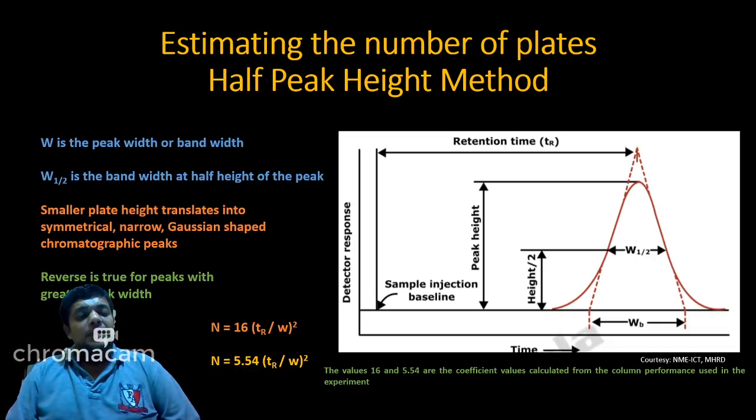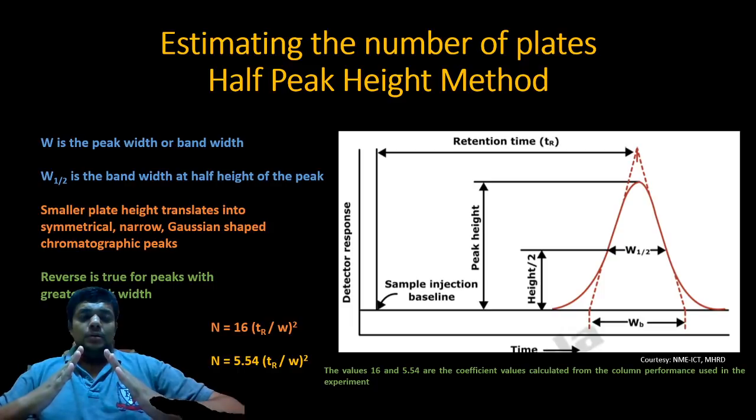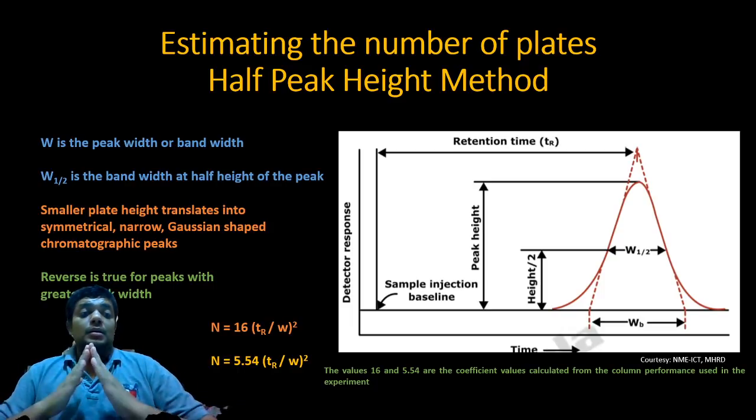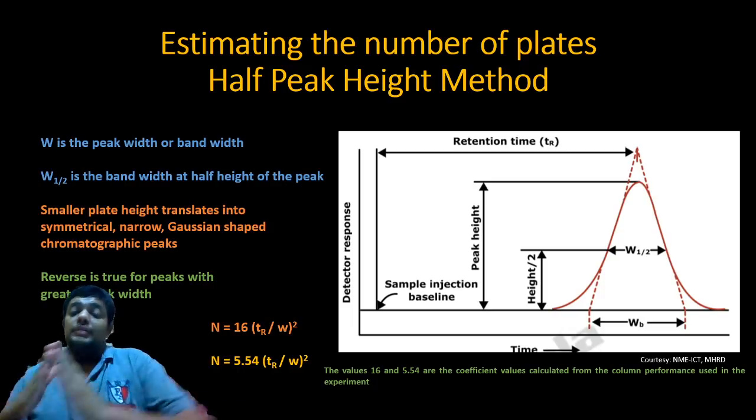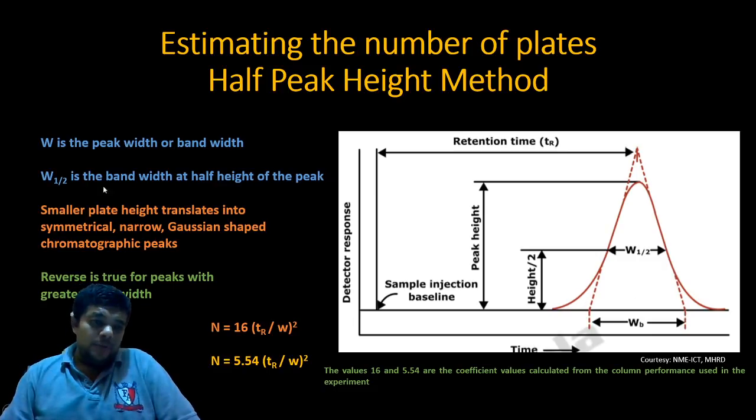Reverse is true for the peak with greater peak width. If the width is more, then the reverse is true for the peak with greater peak width and smaller peak width. If you see this dotted line going up, coming down, if the peak was not this much broad but a little sharp, then this would have been correct.